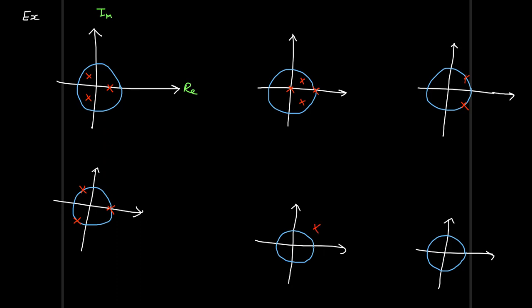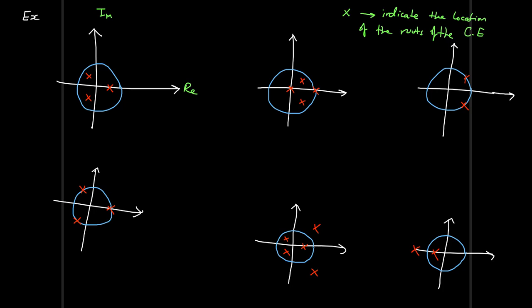And here, and here, the following locations. Now here the cross indicates the location of the roots of the characteristic equation.